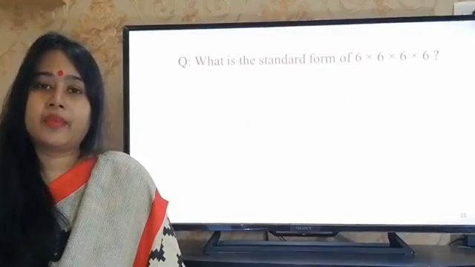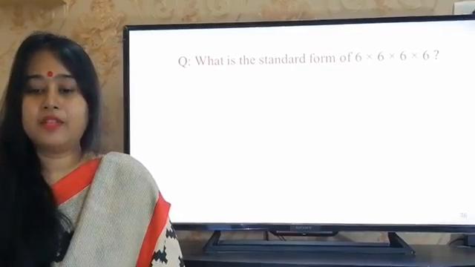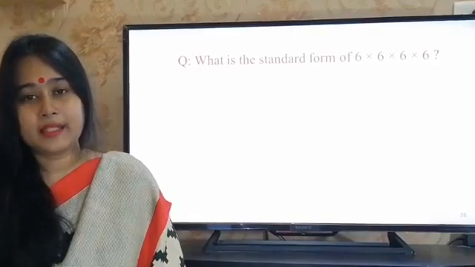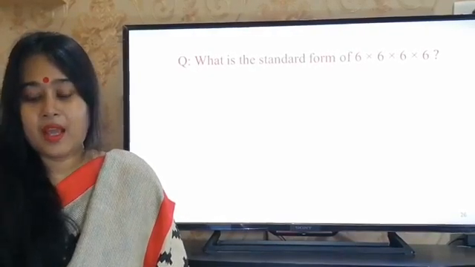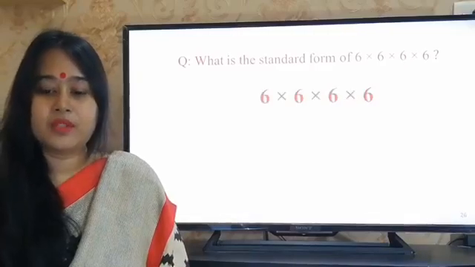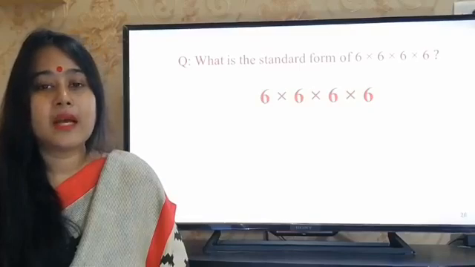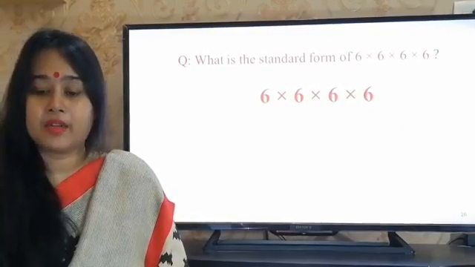And can you give me the answer of this question? That is, what is the standard form of 6 into 6 into 6 into 6? Well, I am helping you out. This 6 is multiplied how many times? 4 times by itself.